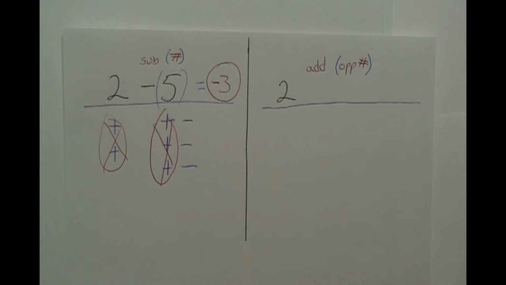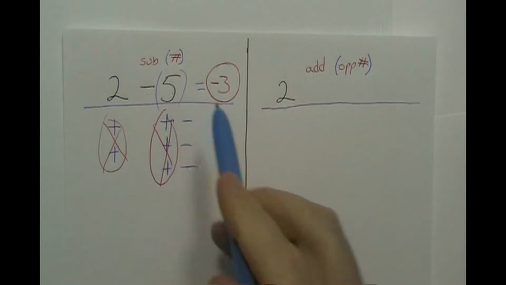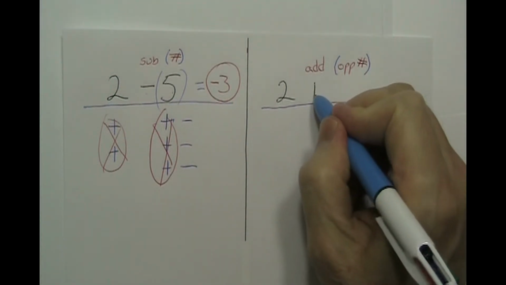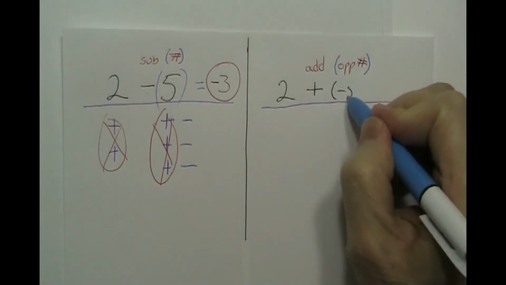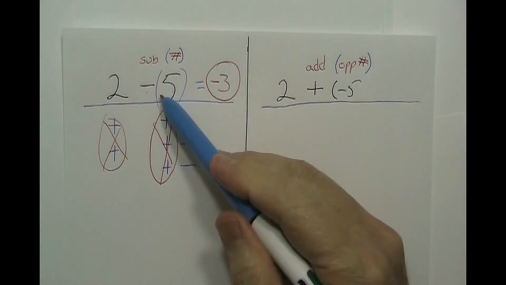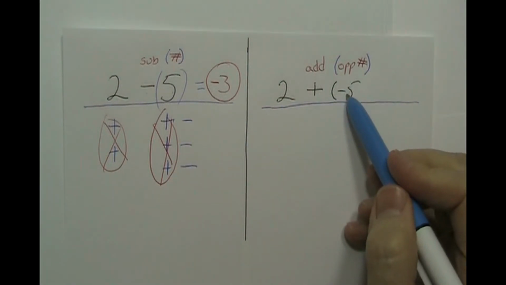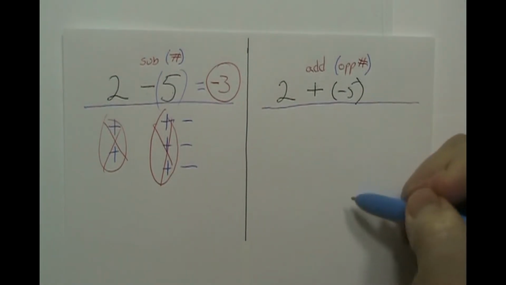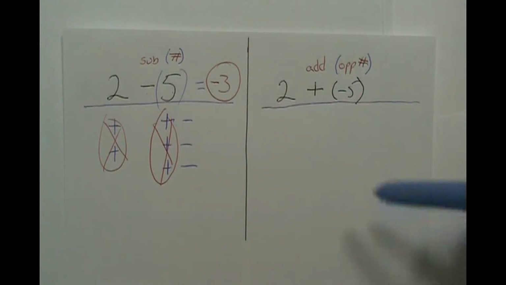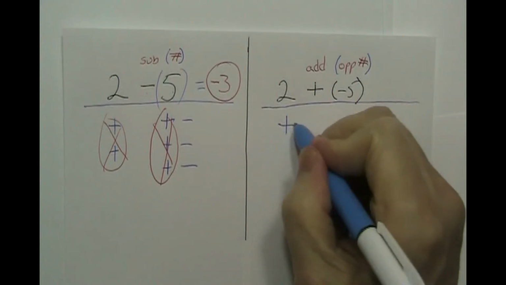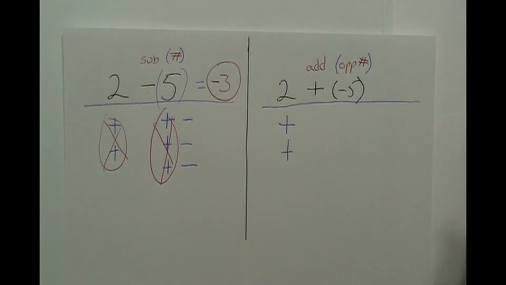However, taking away 5 positive is the same thing as adding 5 negatives. See, either way it's going to go down, right? I take away 5 hot, it's going to go down. If I add 5 cold, it's going to go down, the temperature. So now looking at it this way, if I have 2 positives, add 5 negatives.